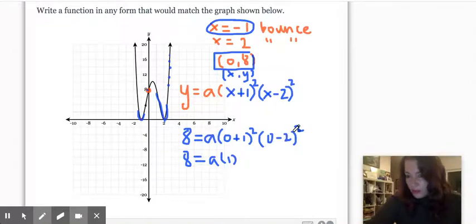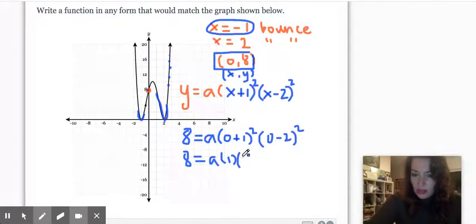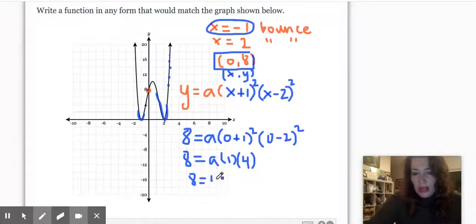And (0 - 2) squared is (-2) squared, which is 4. So we have 8 equals 4a, and if we divide by 4 on both sides, then our a value is equal to 2.